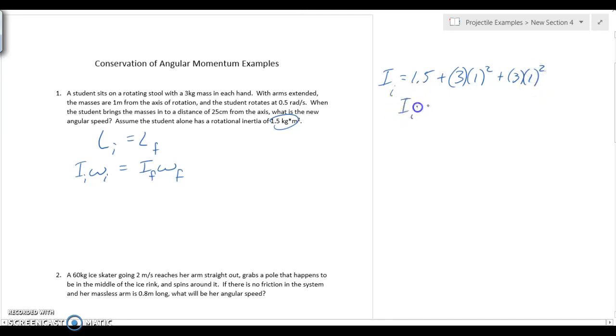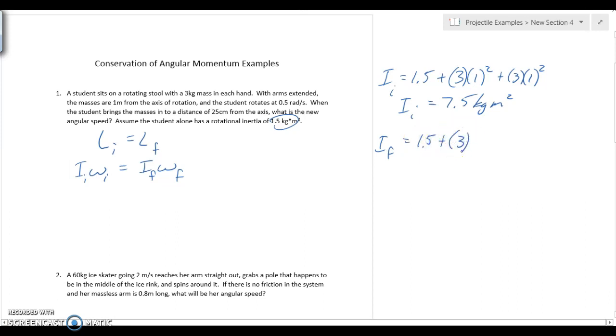So the total initial inertia is going to be 7.5 kilogram meters squared.